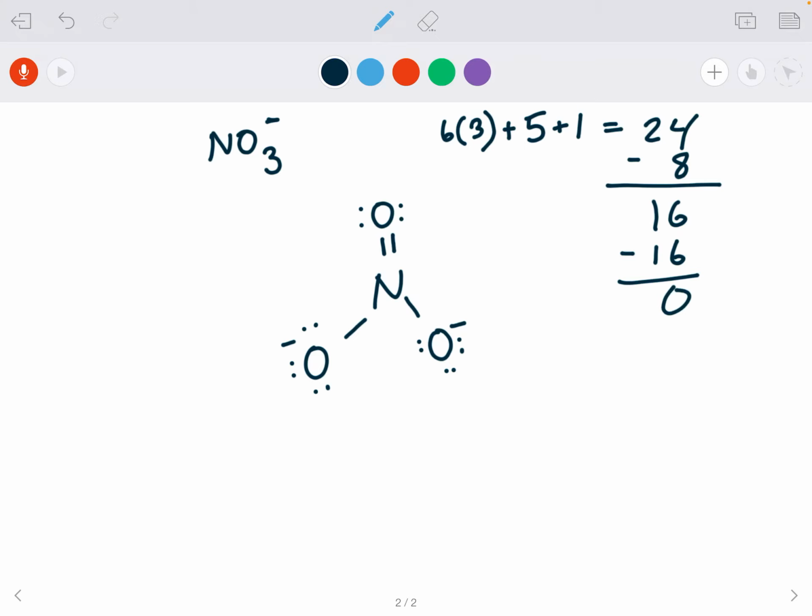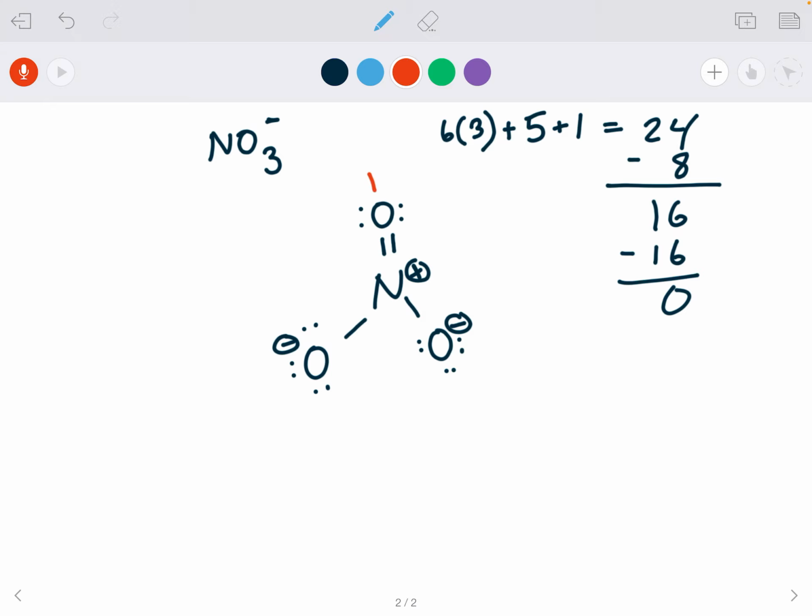So I've actually already indicated the formal charges we should get by how I've put the pluses and the minuses here. But I'm going to show you how I get those. I'm just so used to seeing these and drawing the Lewis structures that I automatically know when to put these in. But all these are showing is your formal charge. So I'm going to go through the math to show you how I got to those formal charges.